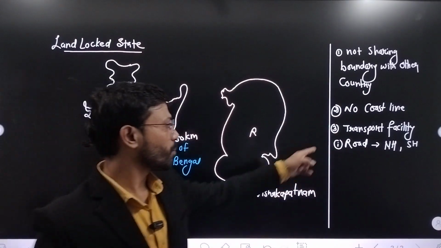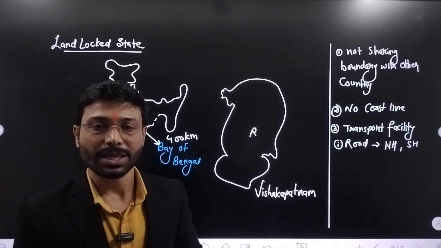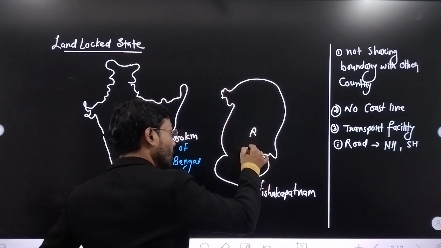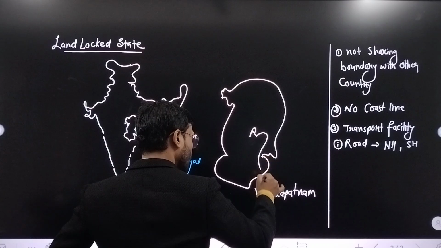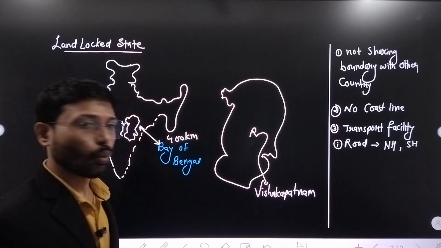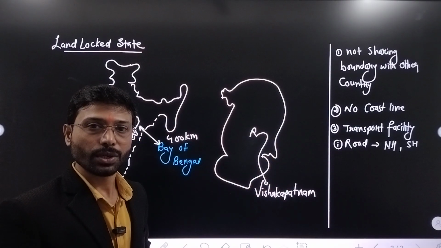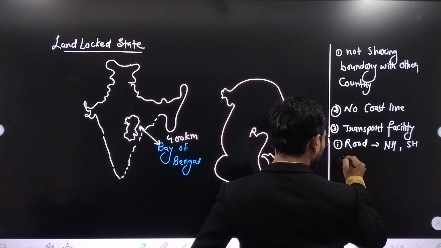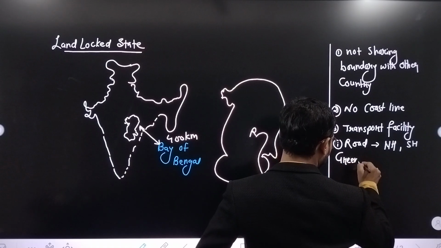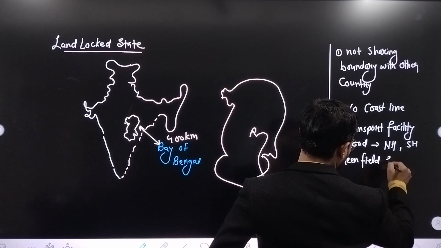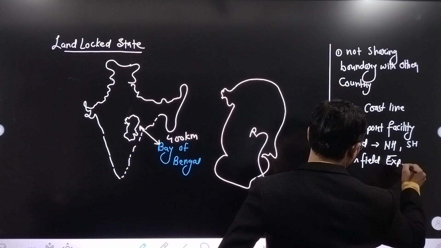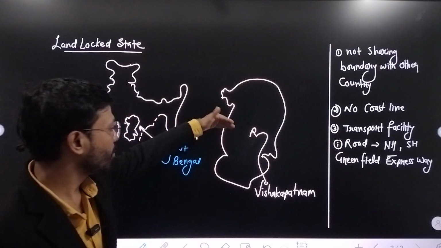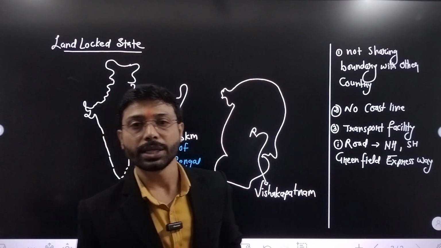The best example that you may provide for the road transport facility that enhances the economic development of our Chhattisgarh is from Raipur to Visakhapatnam of Andhra Pradesh. We have one Greenfield Expressway. What is the example? Greenfield Expressway from Raipur to Visakhapatnam via Orissa.